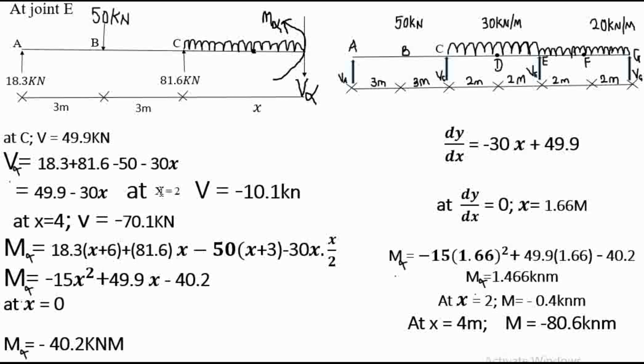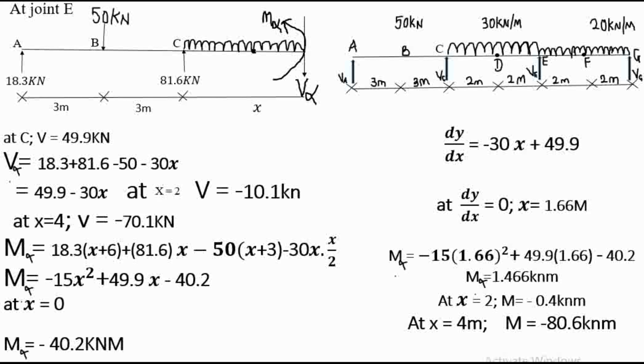Then at x equals 2, what is our shear force? That is under point D. We have that shear force at x equals 2 is minus 10.1 kilonewton. Then at x equals 4, we have that V alpha, which is the shear force, is minus 70.1 kilonewton. So the shear force diagram will continue in the same direction without changing till we get to minus 70.1 kilonewton.